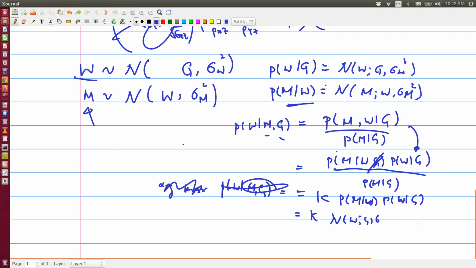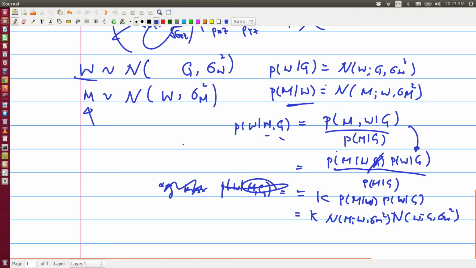P of M given W is a Gaussian N(M; W, sigma m square), and this is N(W; pi, sigma W square).